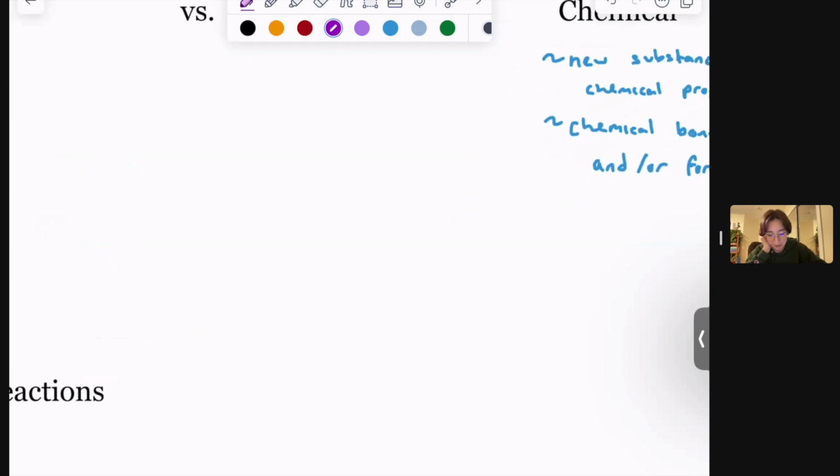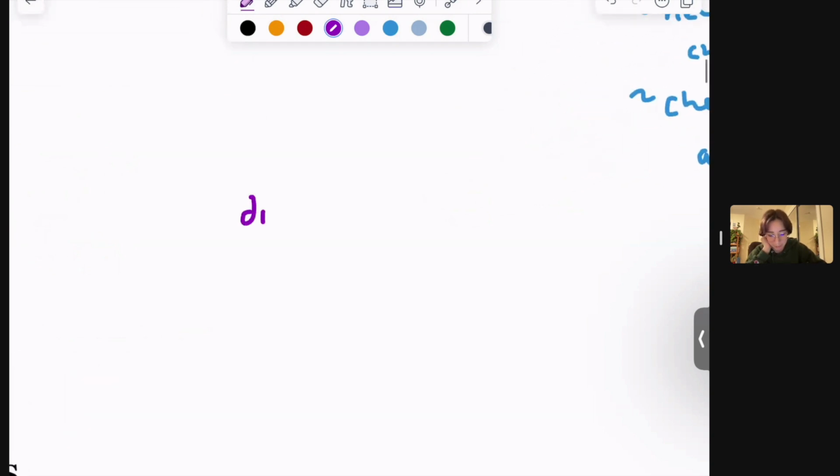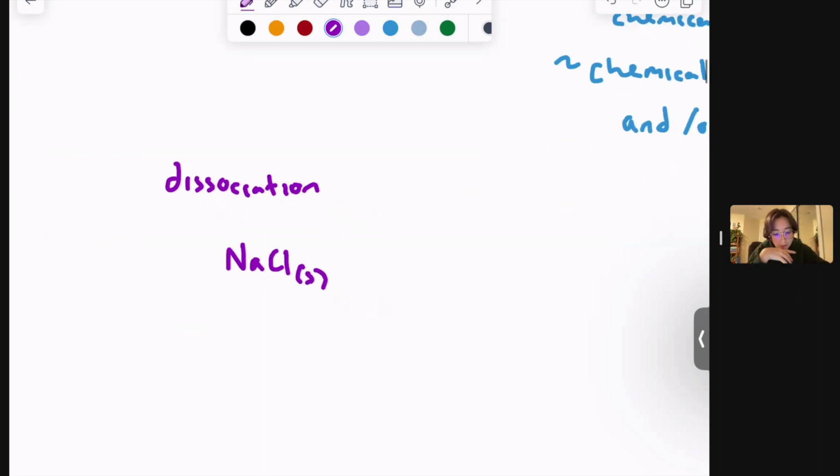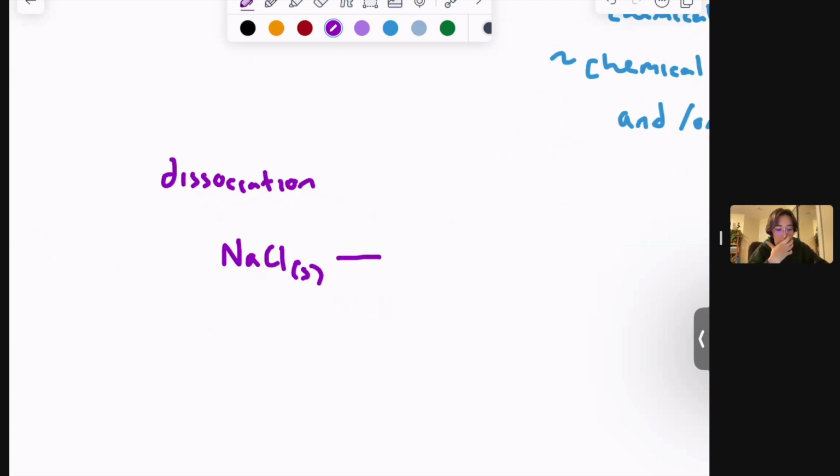Just to point out one that we've talked about a bit at this point, dissociation. We've talked about this before. It's like when you take an ionic thing, say salt, and it's some kind of solid crystal structure, but then you pop it in water or some kind of solvent, and suddenly it breaks into its ions in the solution.